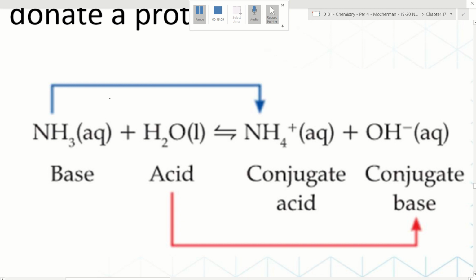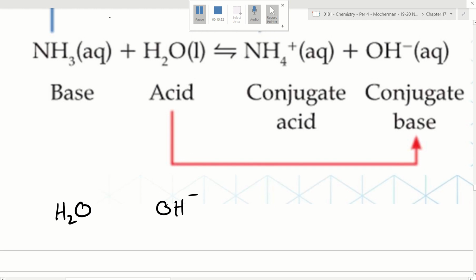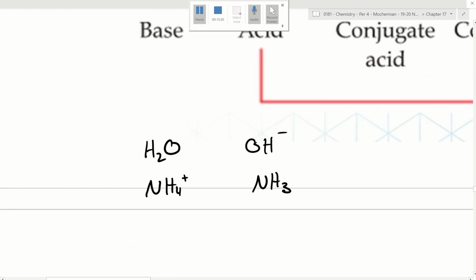So we're just going to say that these are paired up, and we call them acid-base pairs. The acid is H2O and its conjugate is OH minus, and the acid in the reverse reaction is NH4 plus and its conjugate is NH3. If you look at this closely, it should be pretty straightforward.